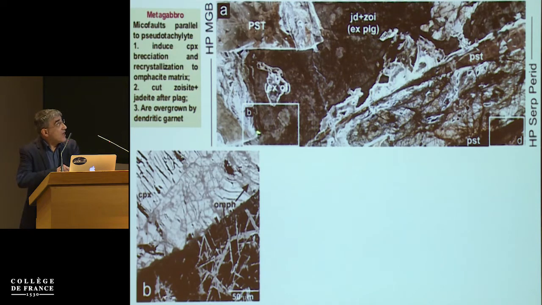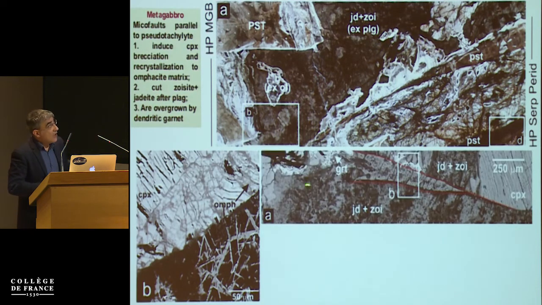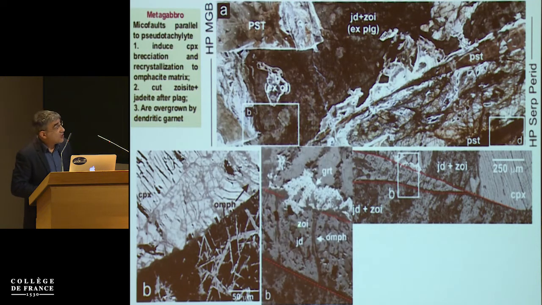And if we zoom now into this microfold here, we can see it is branching, it's cutting through a fine-grained recrystallized plagioclase site, and it contains a rod here that is made of coarse zoisite and jadeite, and is cut by tiny omphacite veins. You can see them here, 1, 2, 3, all these veins that are truncated by the microfold. You can see it even here.